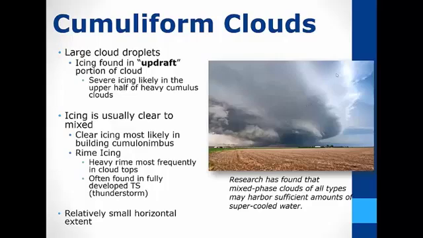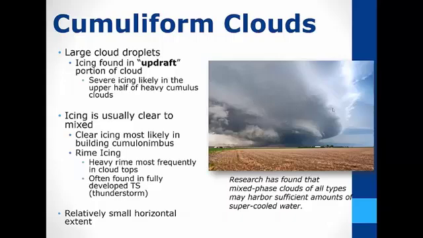If you're dealing with an actual thunderstorm, though, you can have some rime icing up towards the top of it, where you would have more smaller droplet sizes, and possibly ice crystals themselves, which would not be an icing hazard to the aircraft itself.